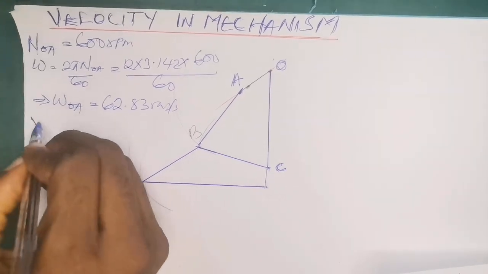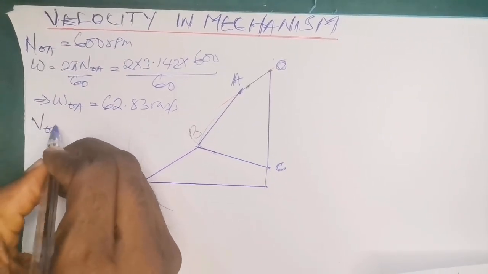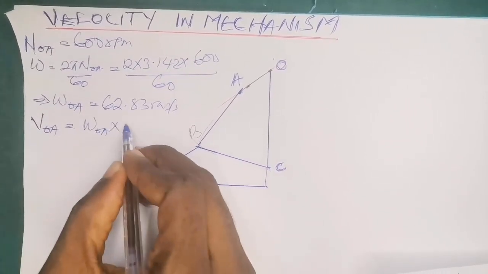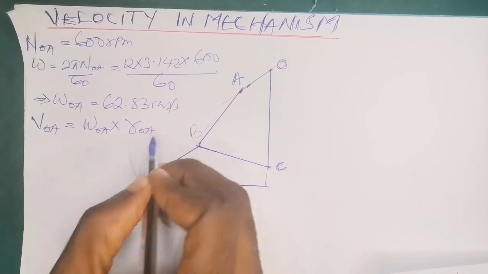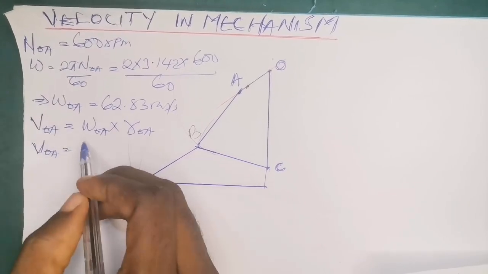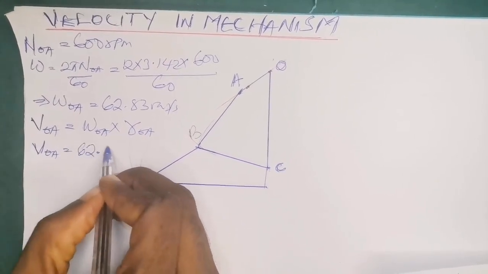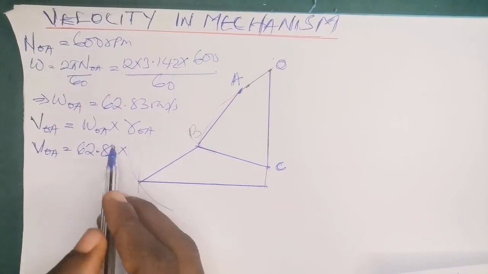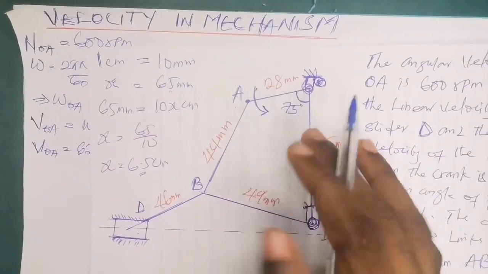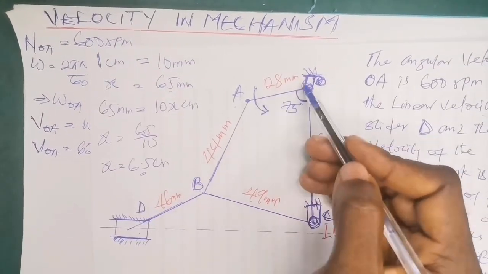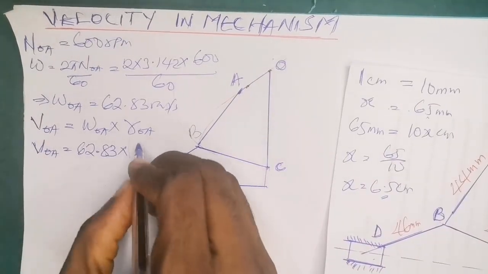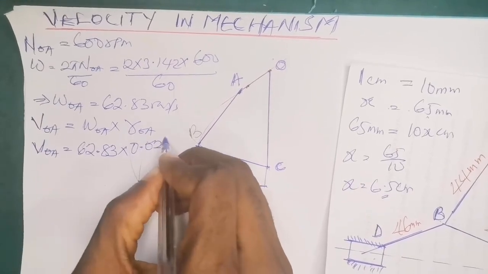Therefore, the linear velocity of link OA is going to be the angular speed of OA multiplied by the distance along OA. The angular speed is 62.83 multiplied by the distance along OA. In the question, it was given as 28 millimeters, which is simply 28 divided by 1000, that is 0.028.